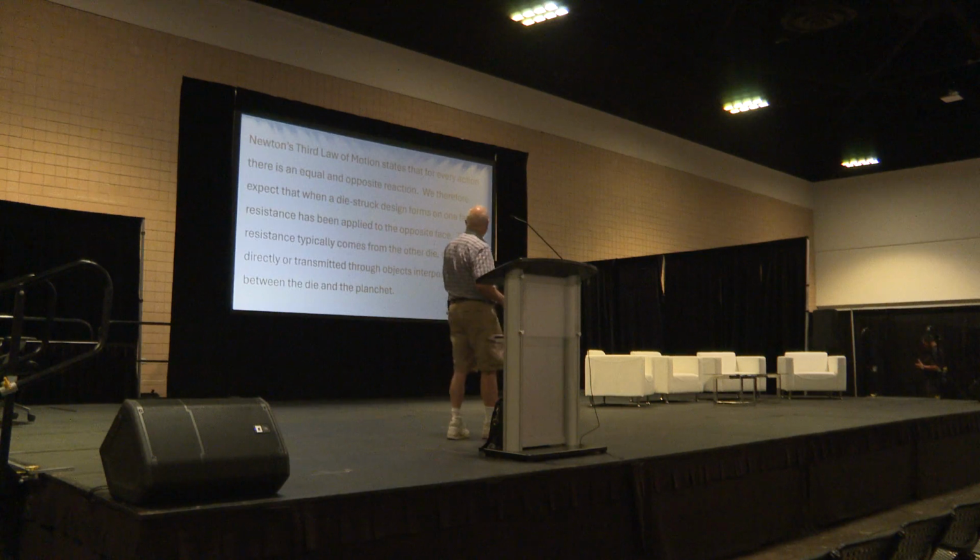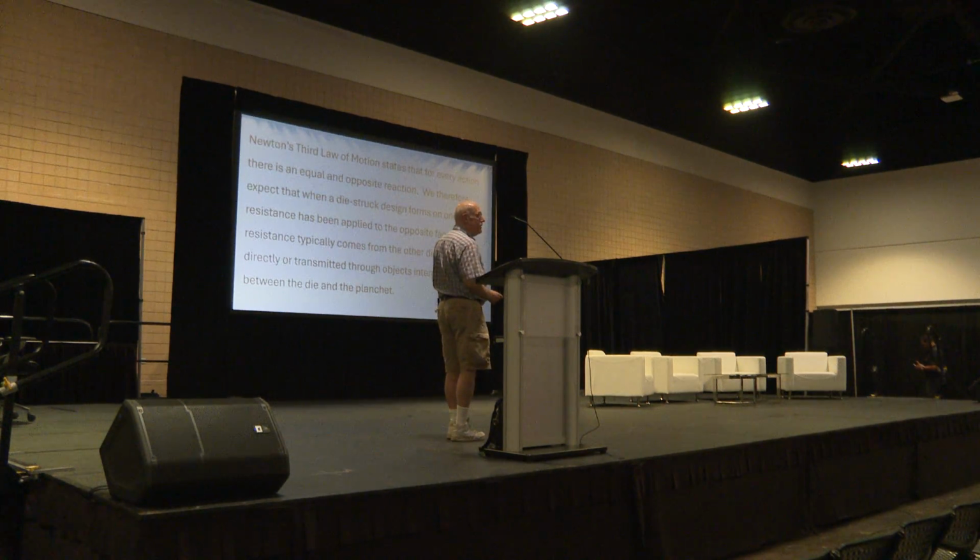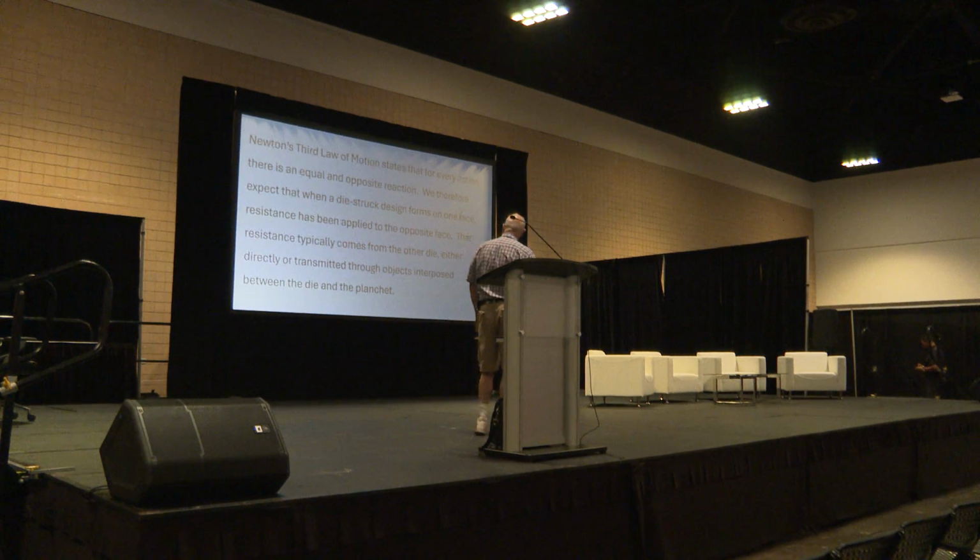Newton's third law of motion states that for every action there is an equal and opposite reaction. We therefore expect that when a die-struck design appears on one face, resistance has been applied to the opposite face. That resistance typically comes from the other die, either directly or transmitted through objects interposed between the die and the planchet.